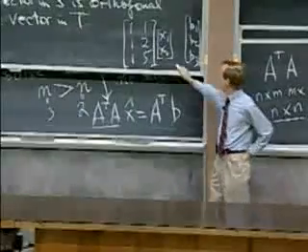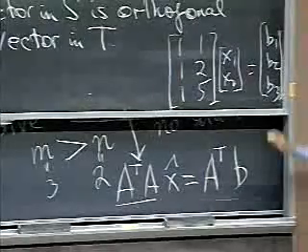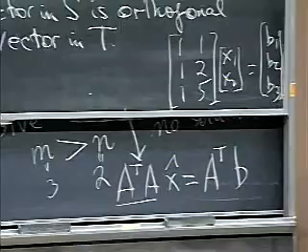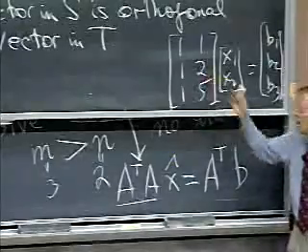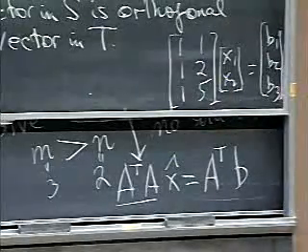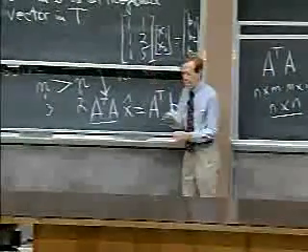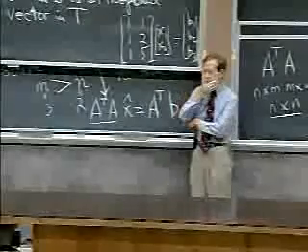I can solve that equation if that vector b is in the column space. If it's a combination of those columns, then fine. But usually it won't be. The combinations just fill up a plane, and most vectors aren't on that plane.